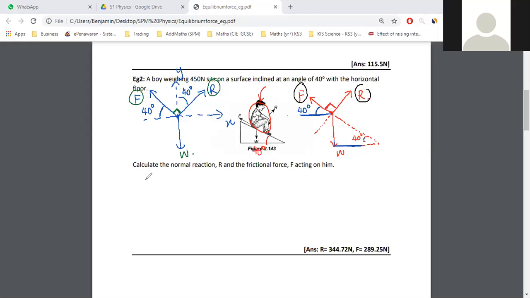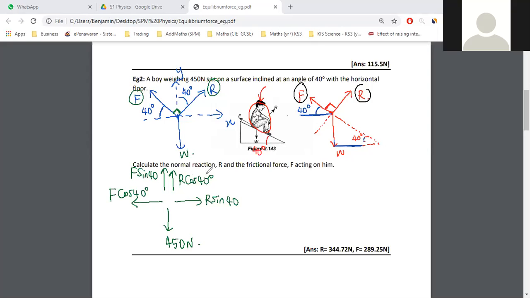So F: this one is F cos 40 horizontal, and vertical is the other way round, F sin 40. Then R cos 40, and this one is R sin 40, and then the weight of the boy is 450. You are asked to calculate the reaction and the frictional force.